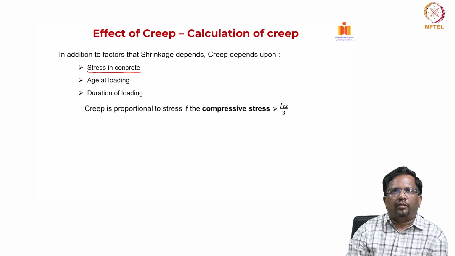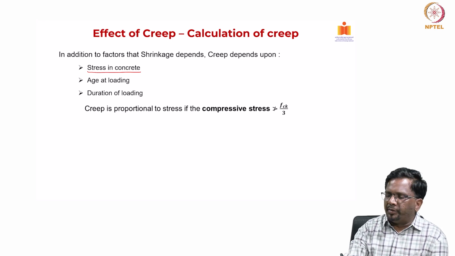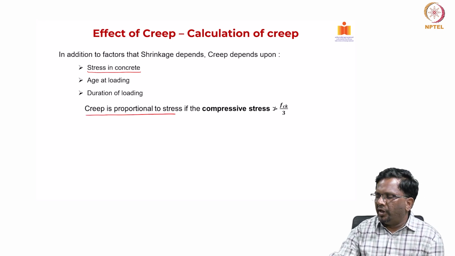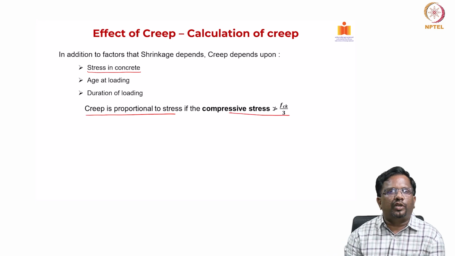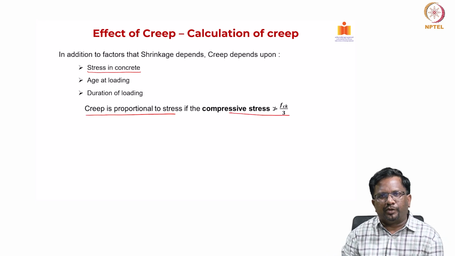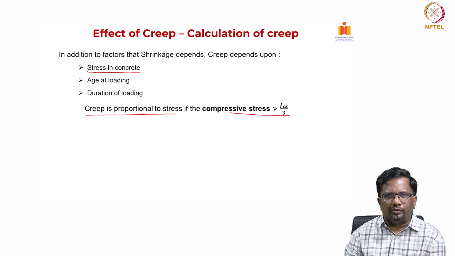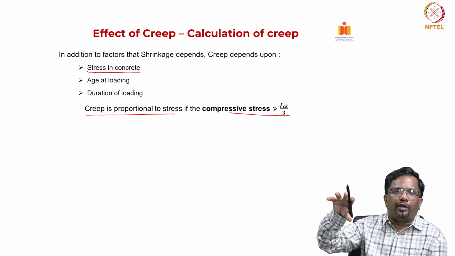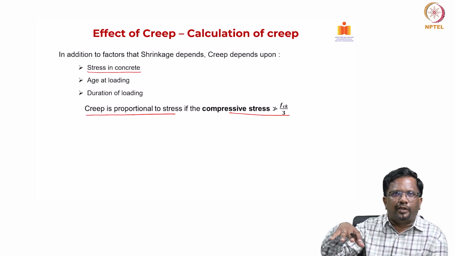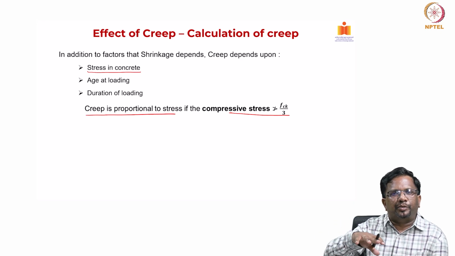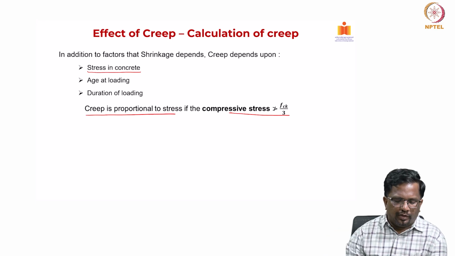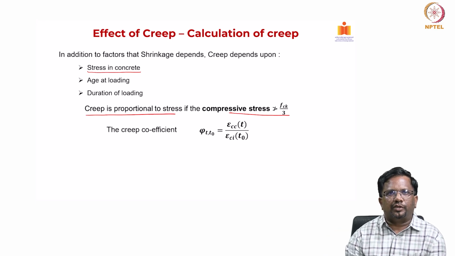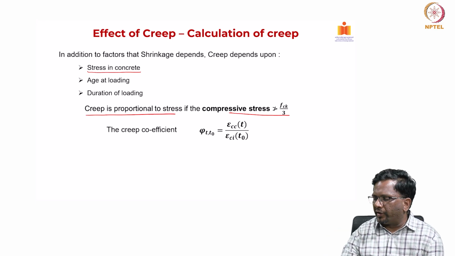Creep is typically proportional to the stress if the applied stress is not more than 1/3 of the peak or characteristic compressive strength. So, if you are still in the elastic regime of the material, then we can say that creep is directly proportional to the amount of stress on the system. Now, this is how we calculate your creep coefficient.